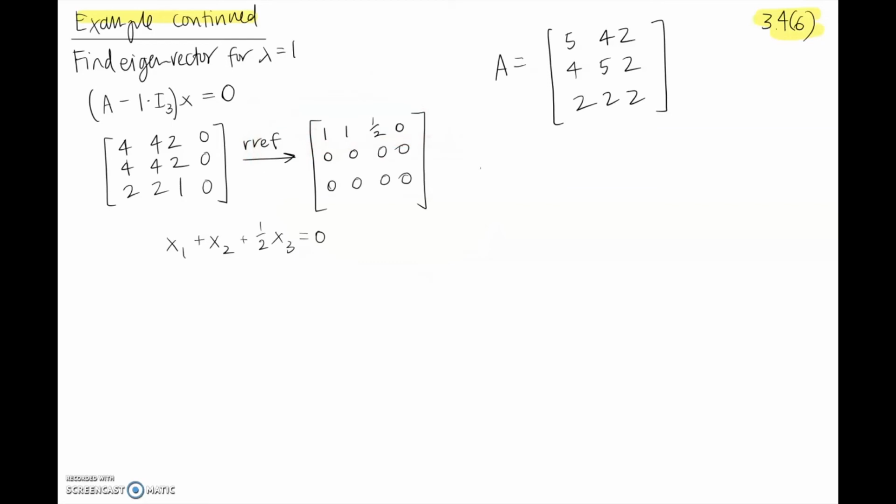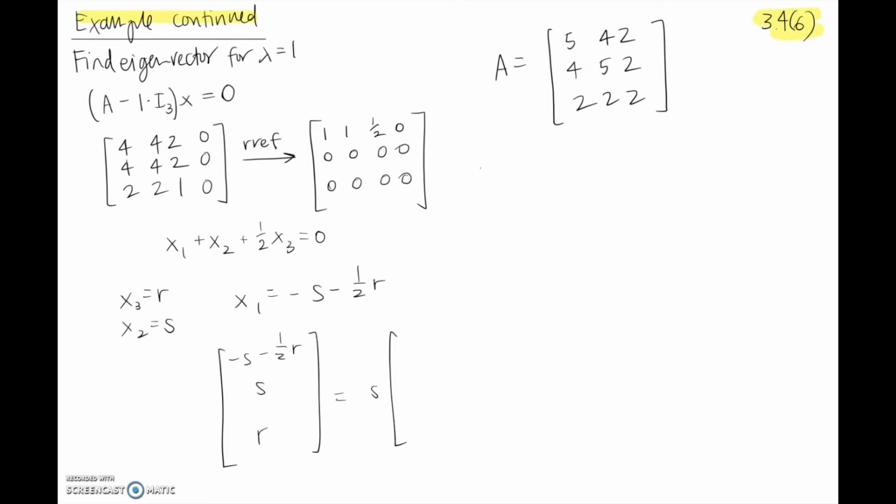So the top row, which is all we have to go off, tells us this relationship between the 3 variables. And if we let x3 equal r and x2 equal s, then x1 will equal negative s minus 1/2 r. And so we get a solution that looks like this: negative s minus 1/2 r, s, r, which is written as s times negative 1, 1, 0 plus r times negative 1/2, 0, 1.